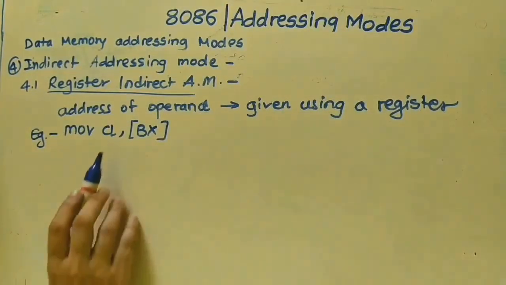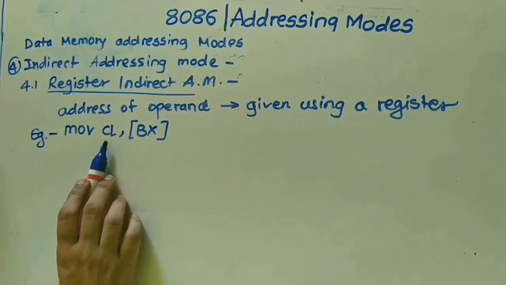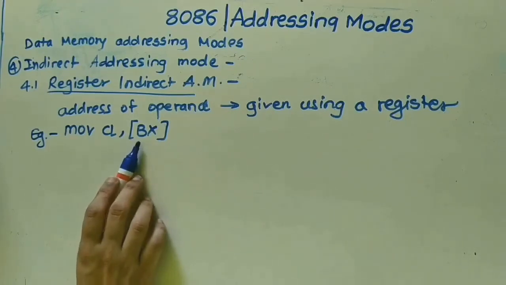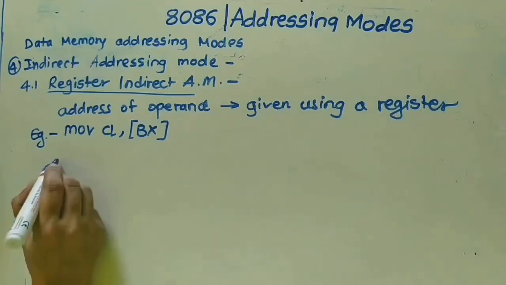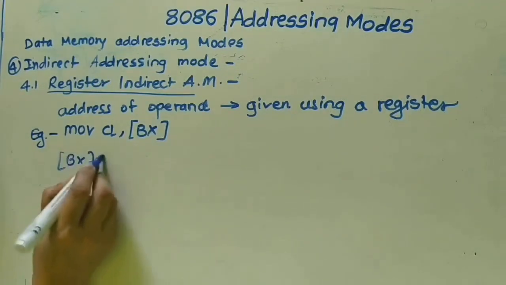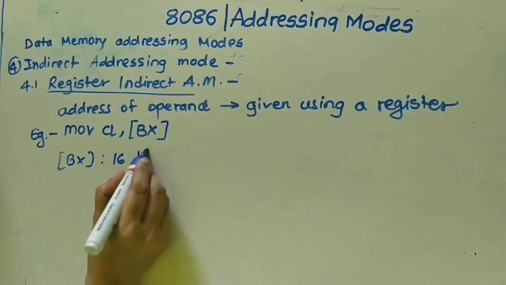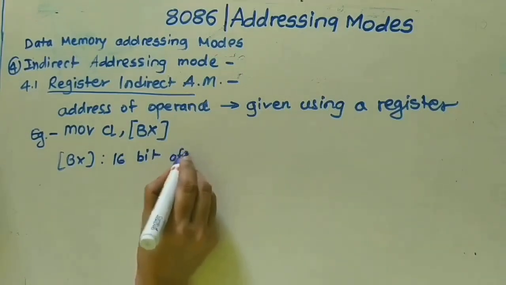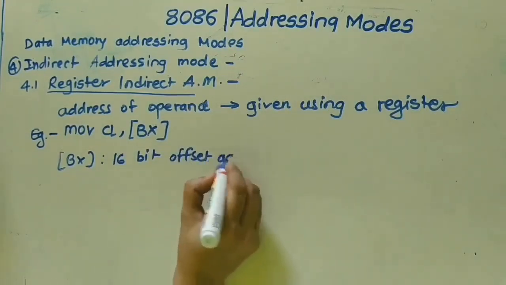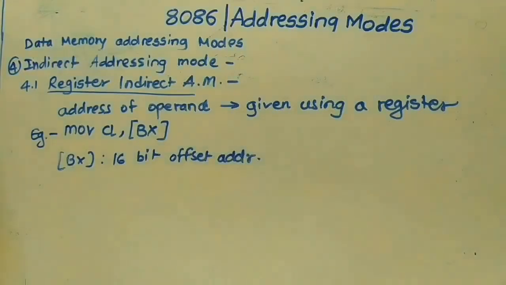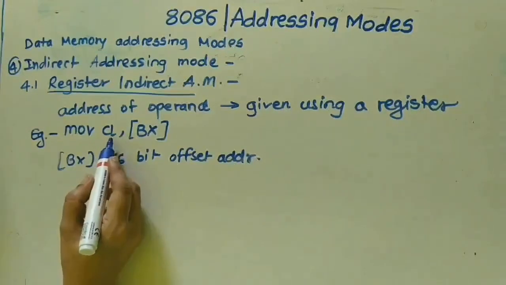The CL register will get the 8-bit data from the memory location whose 16-bit offset address is given by the BX register. So here this BX register gives the 16-bit offset address, and CL is an 8-bit register.